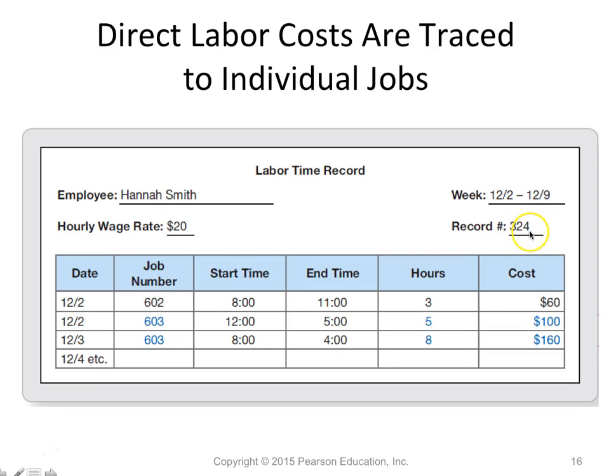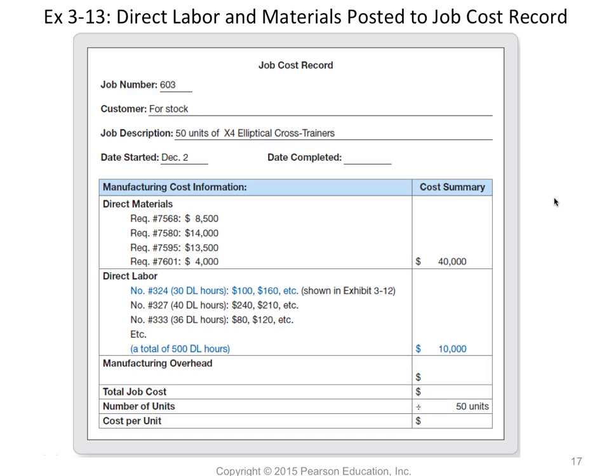The record is 324, for the week of the 2nd of December to the 9th of December. So for the 603 work, this is the job cost direct labor, and the materials posted to the job cost records.